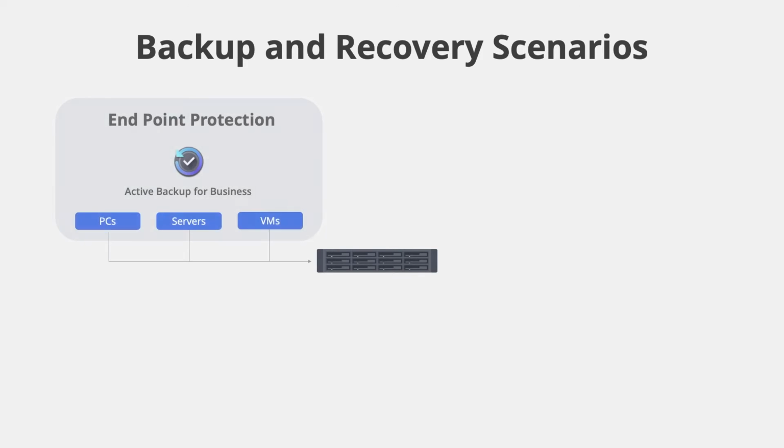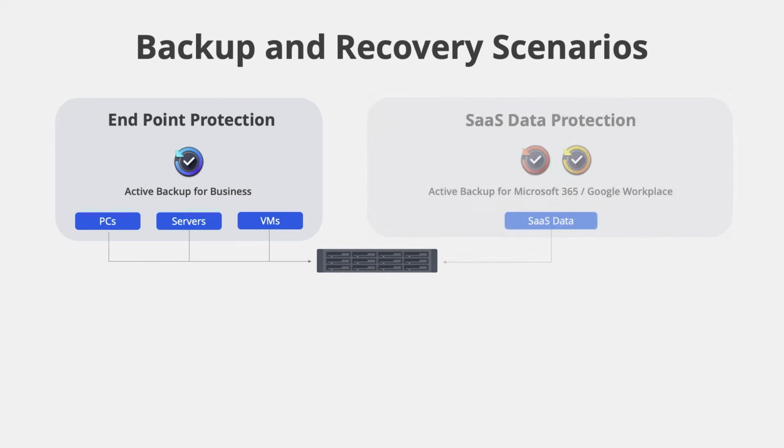First scenario, endpoint and virtual machine protection by Active Backup for Business, which centralizes all backups for PCs, servers, and virtual machines. We'll call this package ABB for short. Second scenario, SaaS data protection by Active Backup for Microsoft 365 and Active Backup for Google Workspace.